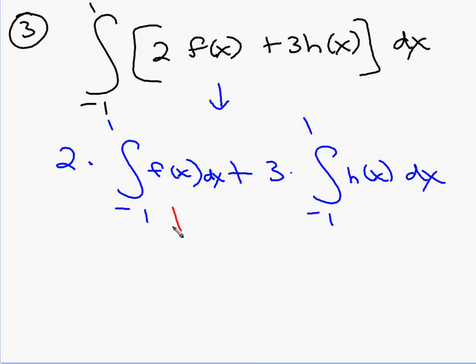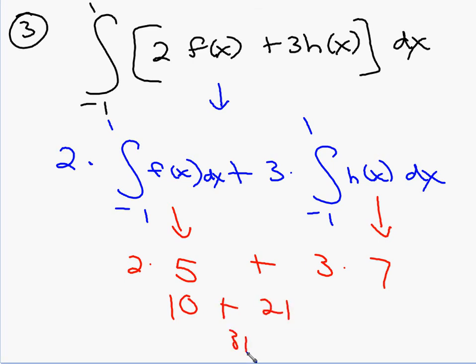This one is 5. This one is 7. And I just need to multiply them. 2 times 5 plus 3 times 7. 10 plus 21 is 31. Make sense? Just using the rules.